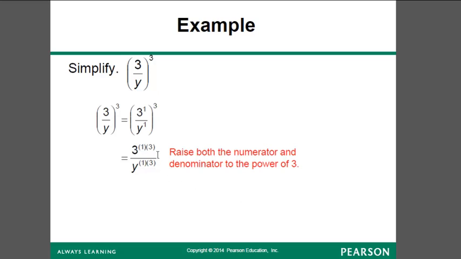This allows me to multiply my exponents and gives me 3 to the third, y to the third. But what is 3 to the third? That is the same thing as 3 times 3 times 3. Well, 3 times 3 is 9. 9 times 3 is 27. 27 over y to the third.